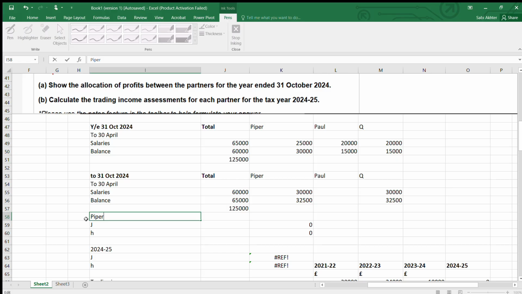Now, so now first the partnership profit. What is the partnership profits? Remember your tax year, okay? It runs from which date to which date. It's very important.